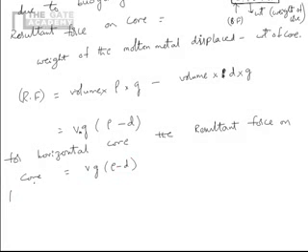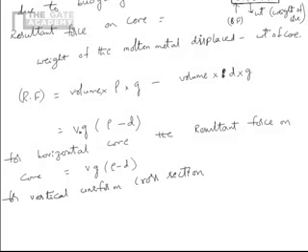This is for a horizontal core. For a vertical core with uniform cross section, the resultant force is 0.